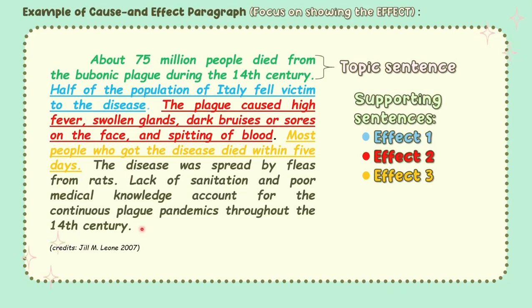And last part, the conclusion. Topic sentence was restated and supporting sentences were summarized. What do you think is the purpose of this paragraph? The purpose is to inform the reader.